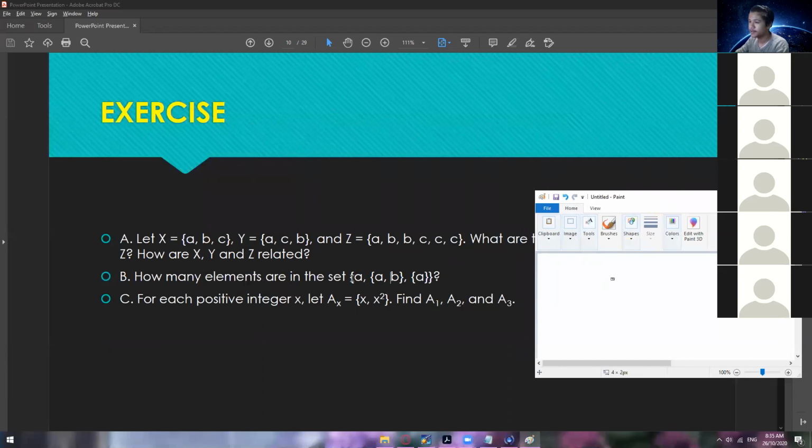Okay, so in here, again, the outer curly bracket is a set, wherein, as we have said a while ago, a set is like a box.